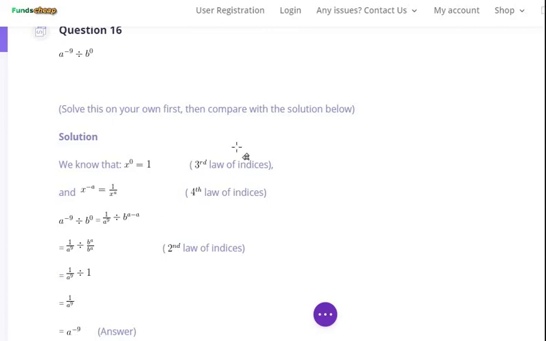Because as you know from the fourth law, anything raised to a negative exponent is 1 divided by both the variable and its exponent. So going back to the beginning, a raised to the power minus 9 divided by b raised to the power 0. The b raised to the power 0 is 1, so it's a raised to the power minus 9 divided by 1, and the answer is a raised to the power minus 9. And that is the answer.